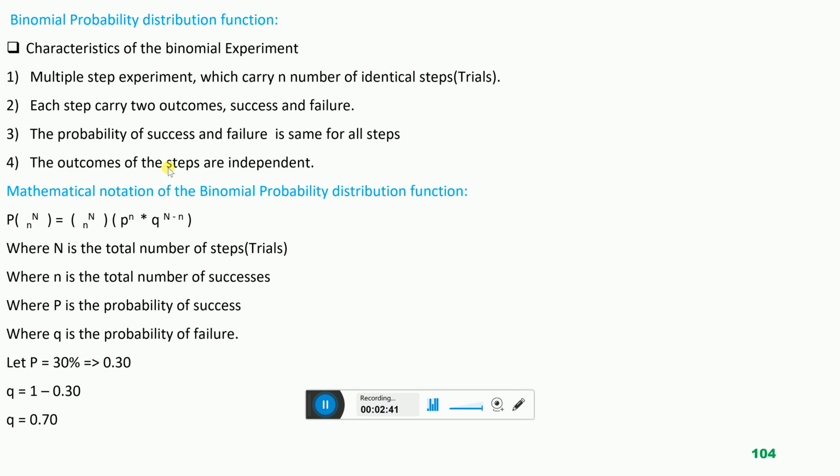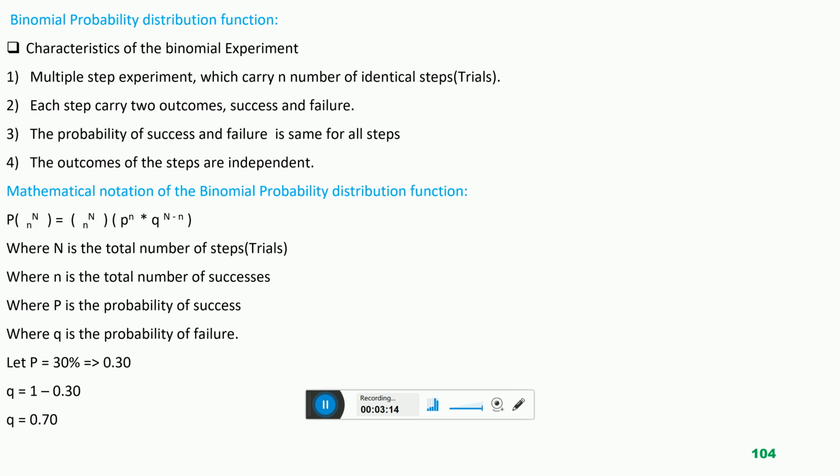The outcomes of the steps are independent. The outcomes of the steps are independent means that if we toss a coin and in the first toss head appear on the up face of the coin, so second toss outcome does not depend on the first toss outcome.